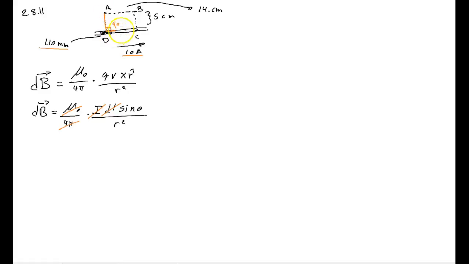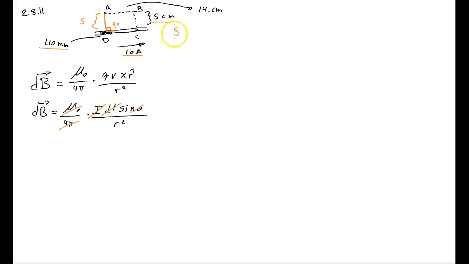It's 90 degrees to the wire. And then r is the distance from the wire to the point. So that's 5 centimeters. You can see here.